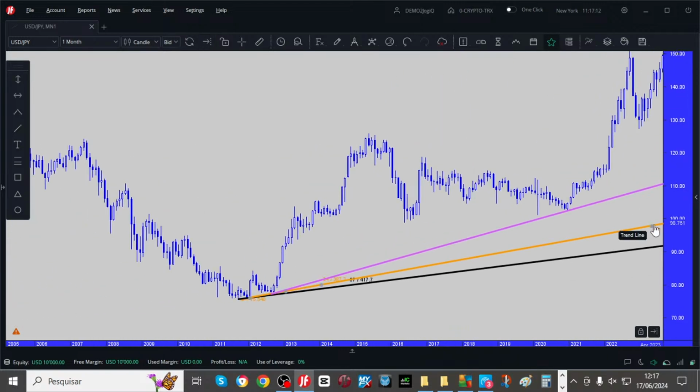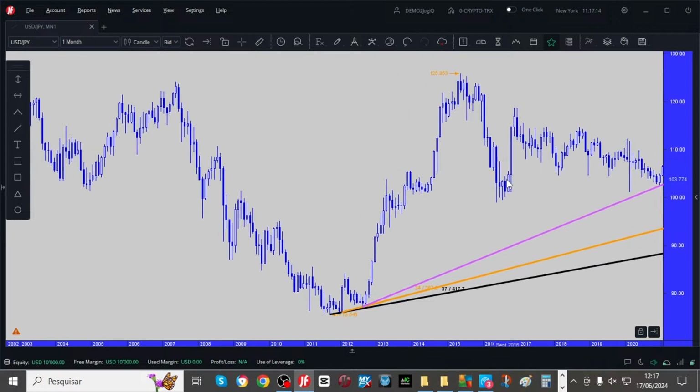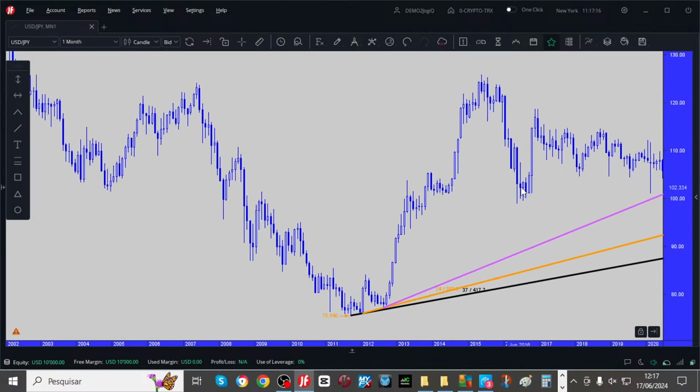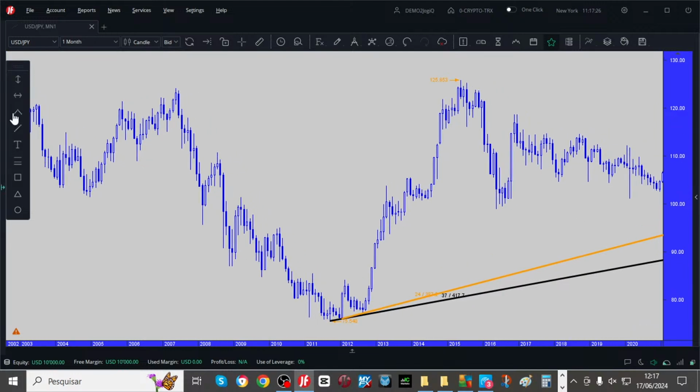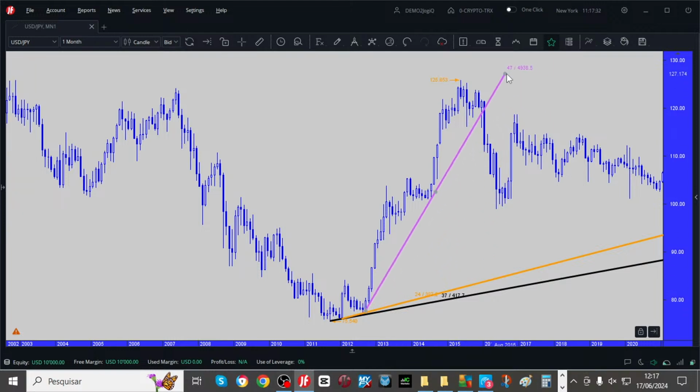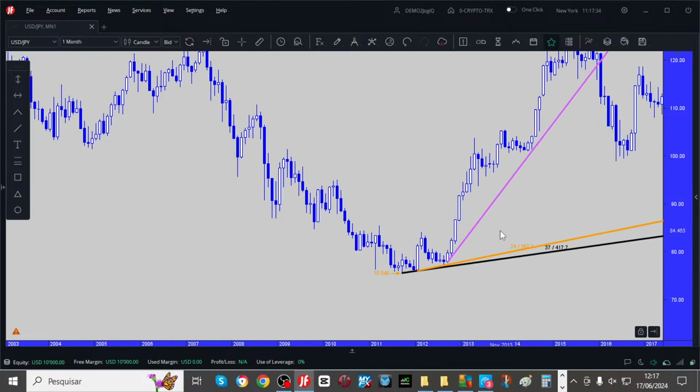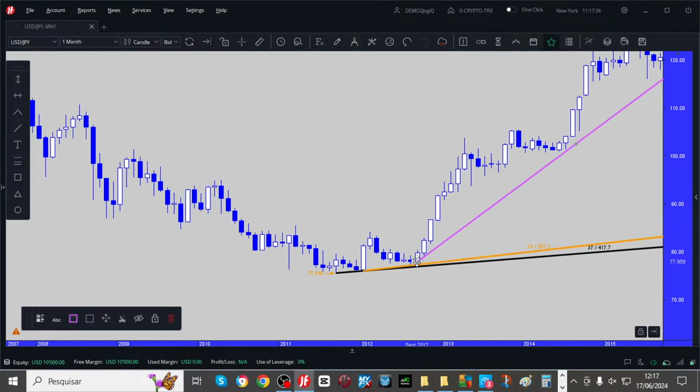And with the previous example, when the market was like this, we didn't have a reference. I'm going to delete the violet line. So back in time, connecting these two, it would be something like this. Make sense, everybody?